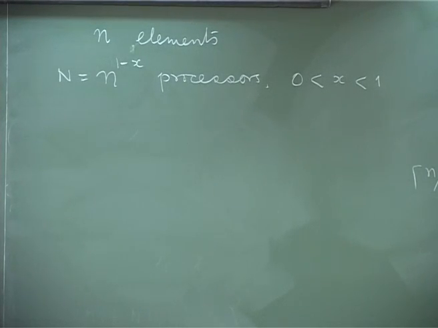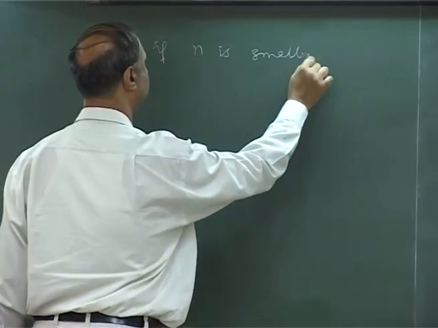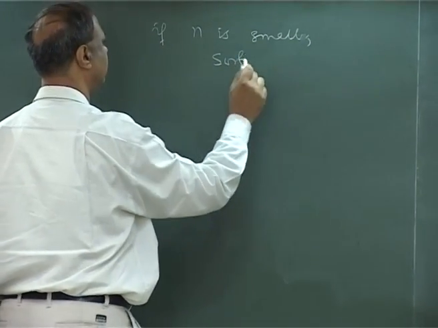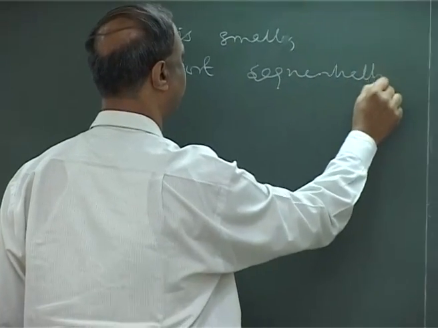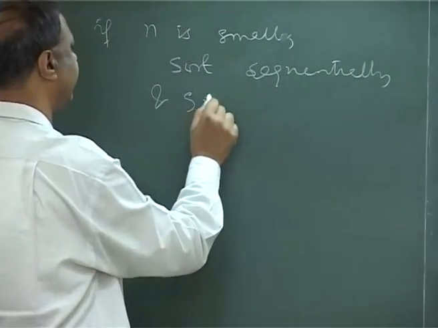Now, if the number of elements is very small or constant, what you do in the case of Blum's algorithm is directly sort it and get the kth element, right? So if n is small, then just sort sequentially and get the kth element.